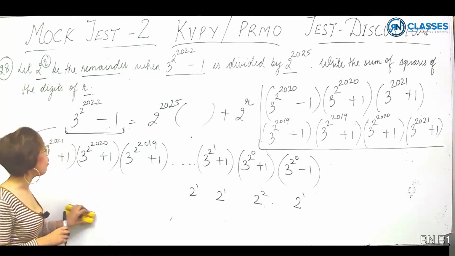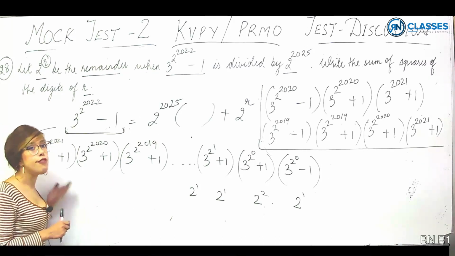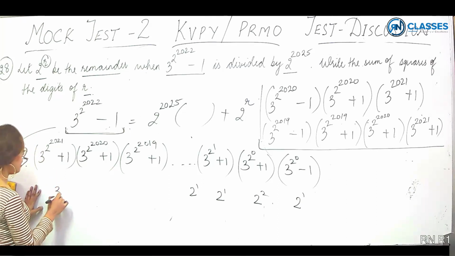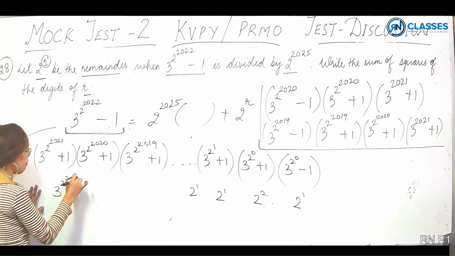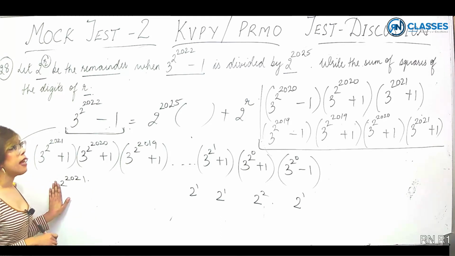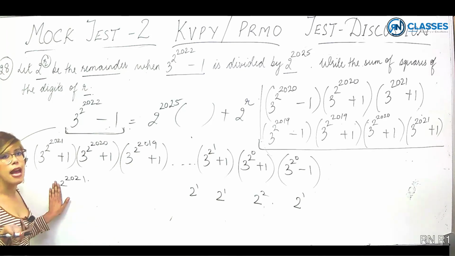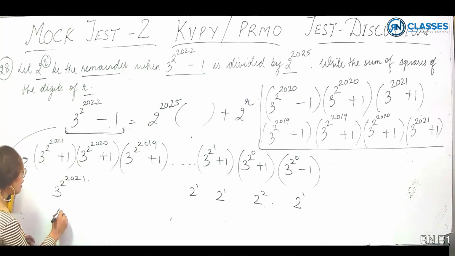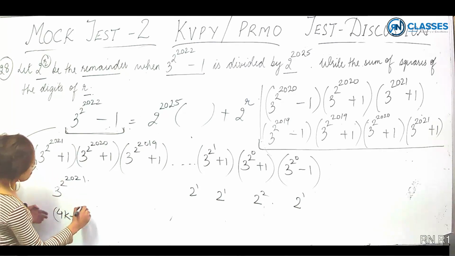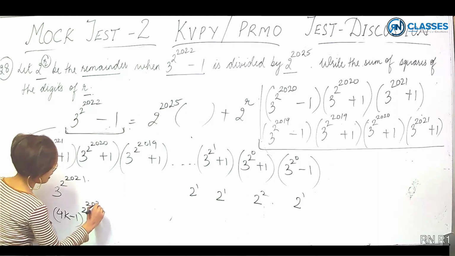Now divisibility by 4, maybe I can find out the form of the number. Here I have, suppose, let's start with this. So 3 raised power 2 raised power 2021. Right? Now 3 is there, that means I can write 3 as 4k minus 1, and raised power 2 raised power 2021.